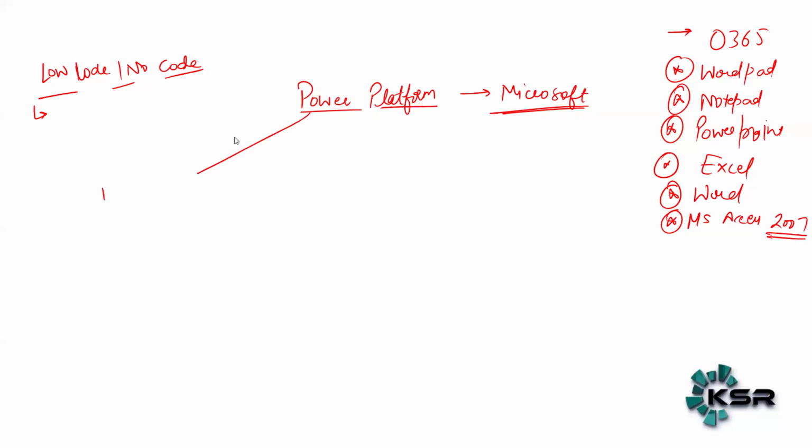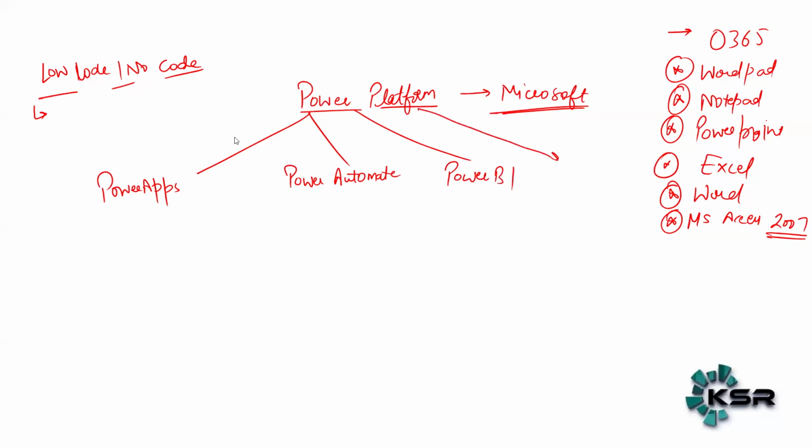First will be Power Apps, then Power Automate, then Power BI, and the fourth one will be Copilot Studio. You can add Power Pages as a fifth product, but previously it was there in Power Apps only.